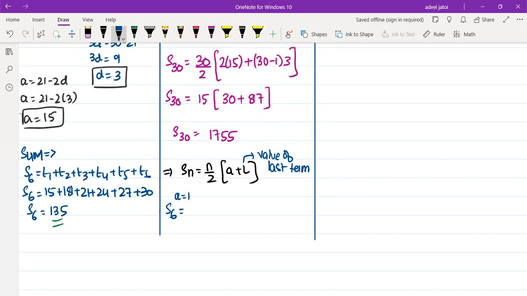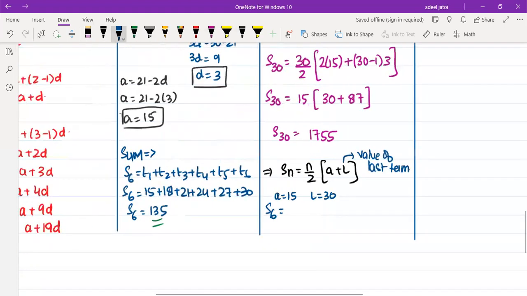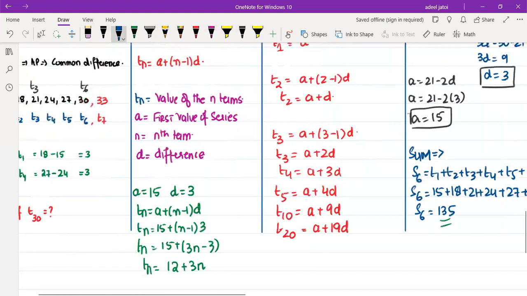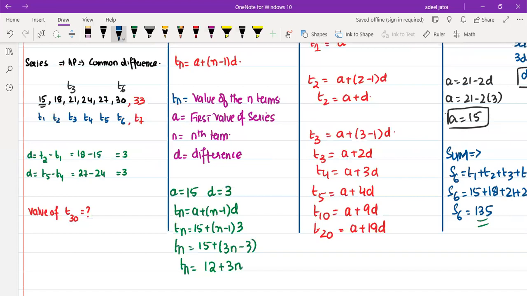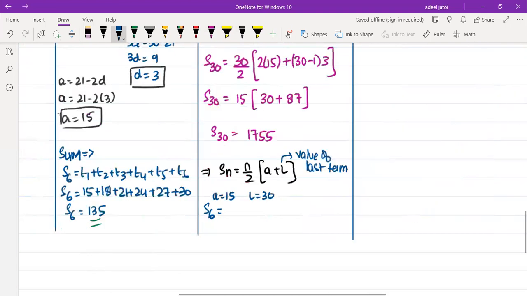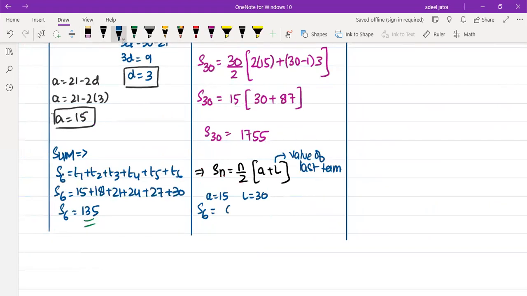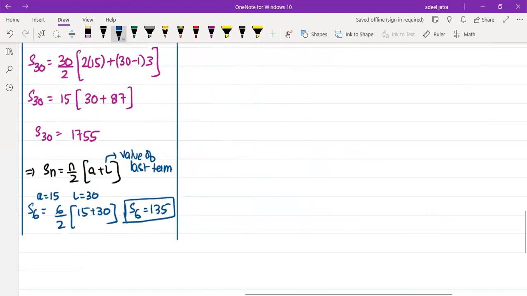The first value was 15 and the last value was 30, because I need the sum till the 6th term. So this should be 6 upon 2 times (15 plus 30). And 6 upon 2 is 3, so S6 is equal to 135 again, using n upon 2 times (a plus L).